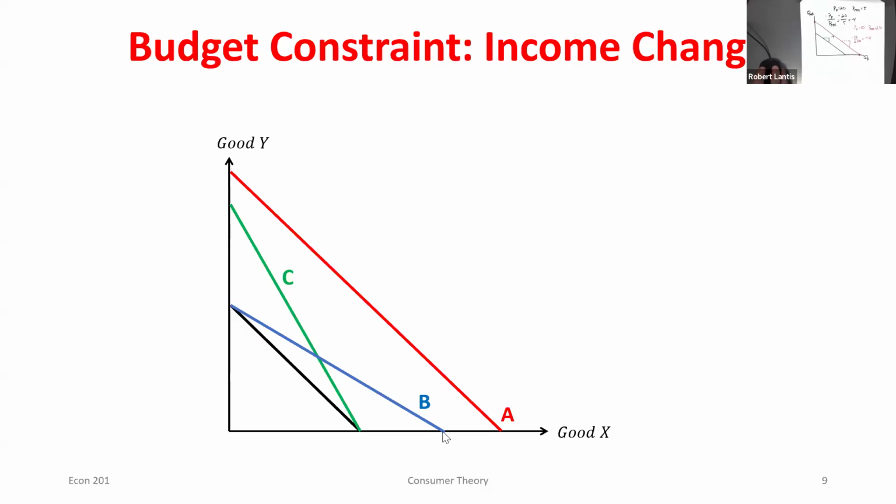But if I'm buying good X, I can now afford more. So it must be that I saw a change in the price of good X. What kind of change? If I can afford to buy more, the prices must be lower. So B would be a decrease in the price of good X. C represents that if I'm buying good Y, I can now afford to buy more. This would represent a decrease in the price of good Y.